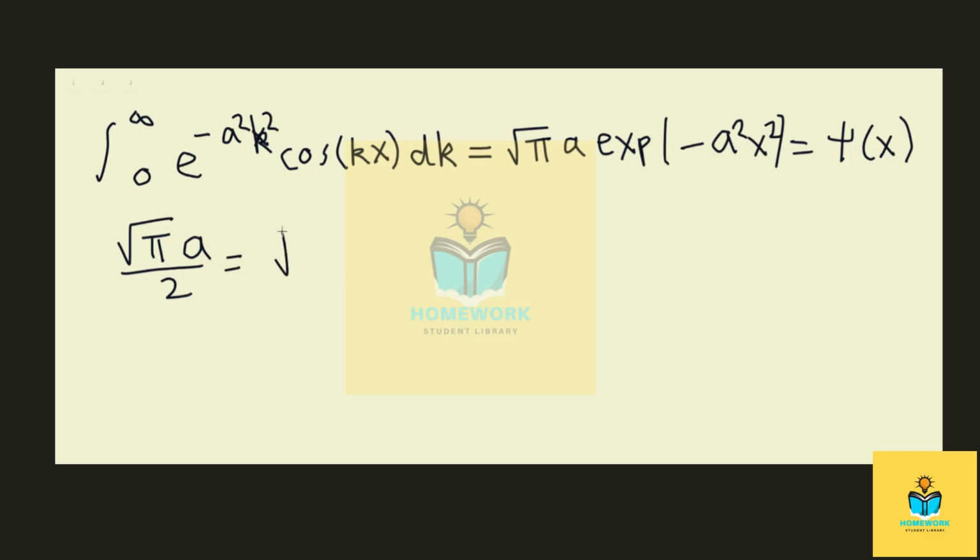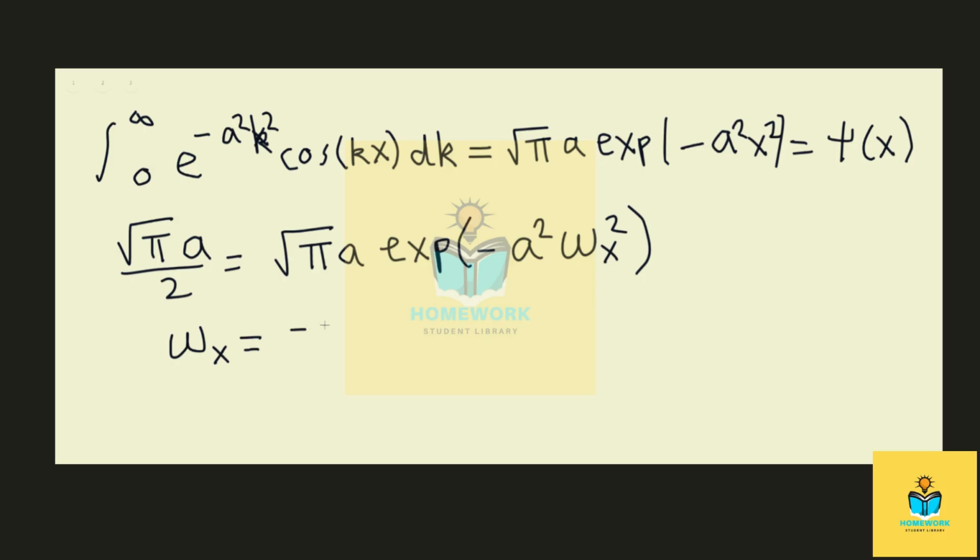So then we're looking for this, negative a squared, and the x we're trying to find is our omega x. We can do essentially the same thing we did in part A, take a natural log. We're actually going to get the same result. That omega x is going to be the square root of the negative natural log of 1/2 over a.